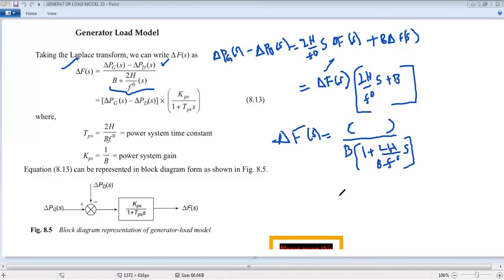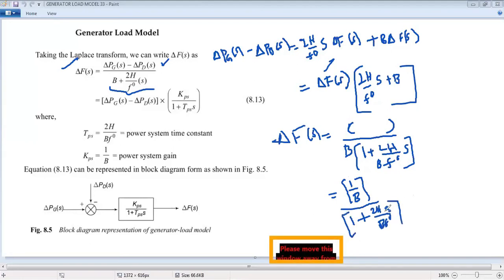And again we can adjust this one as 1 by b divided by 1 plus 2h by b f naught into s, multiplied by delta Pg of s minus delta Pd of s.